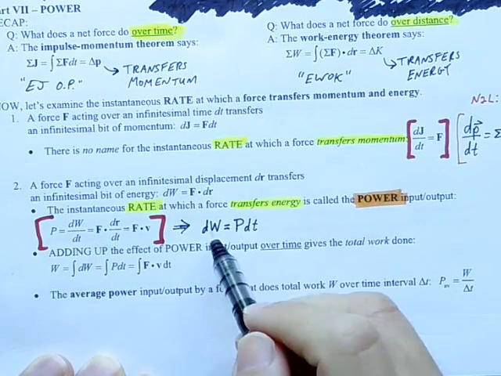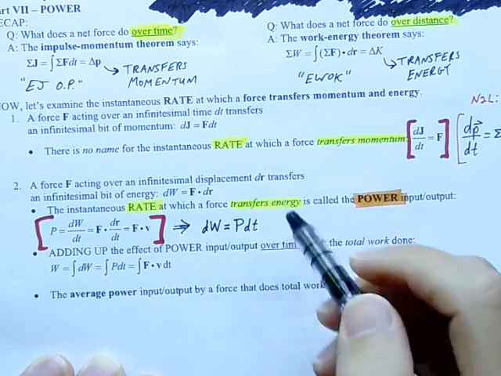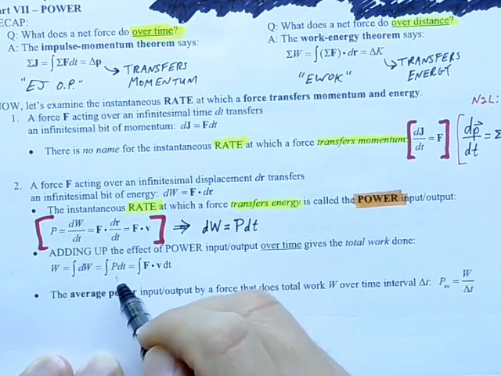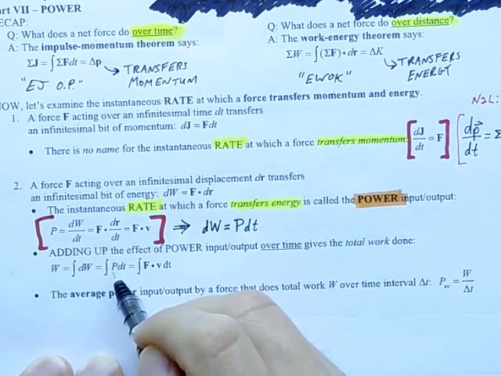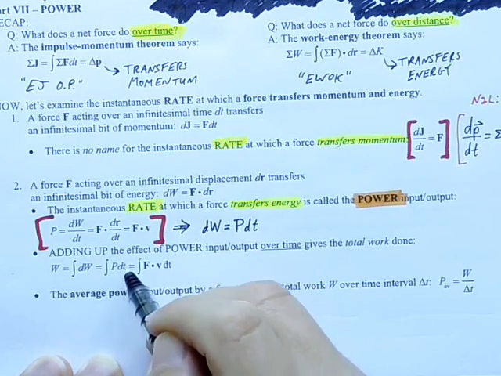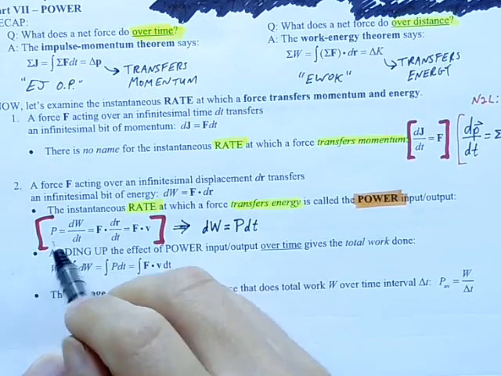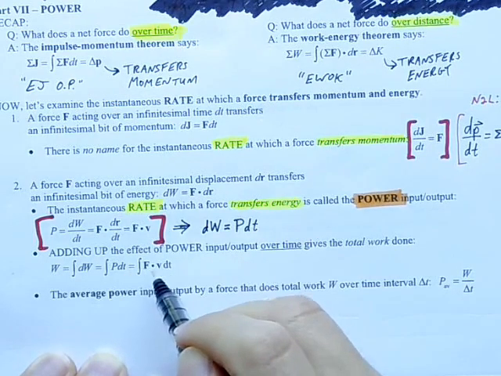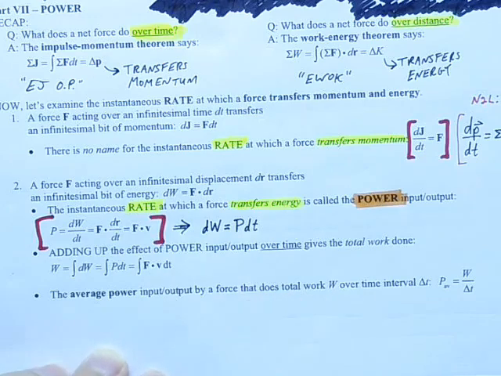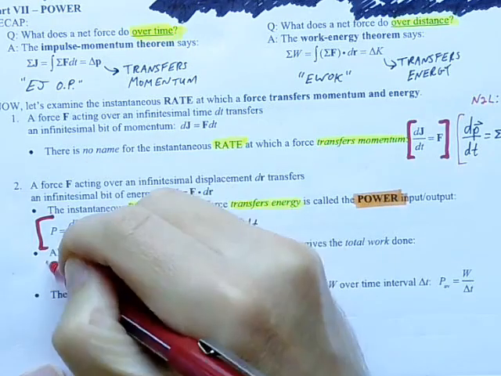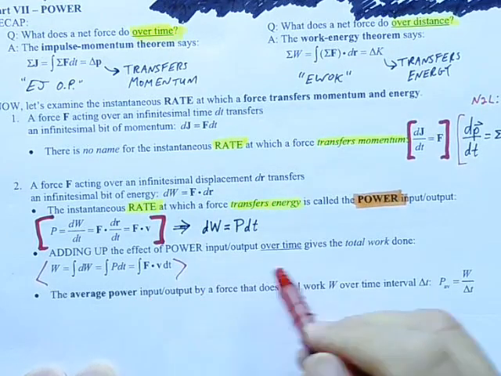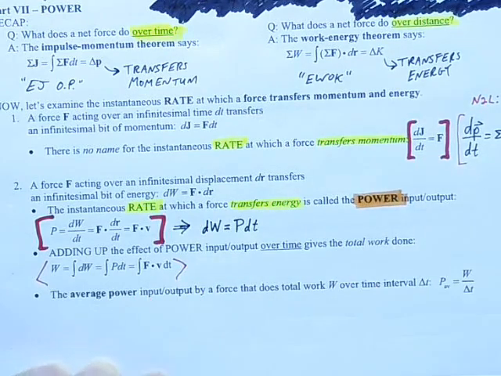Each dW is given by P dt, so if we integrate the power acting over time, so this power itself could be a function of time, integrate that over time, or replace that power with F dot v, force dotted with velocity. That could be our integrand as well. So these integrals here are our way of finding the total work that's done over some time interval.